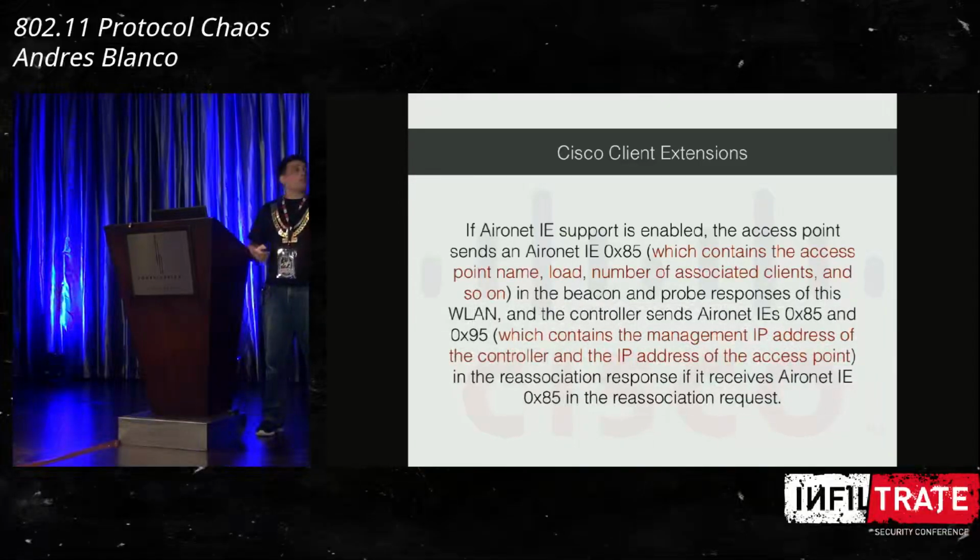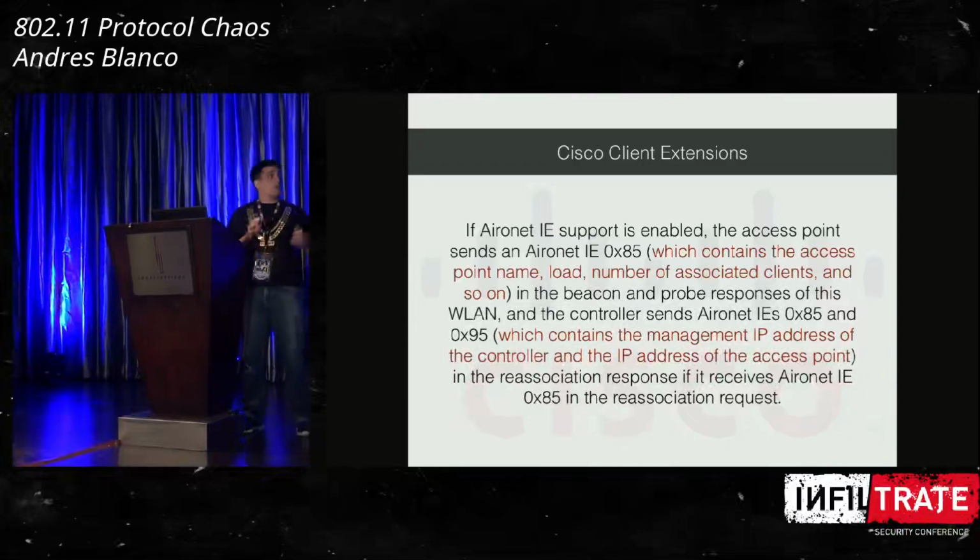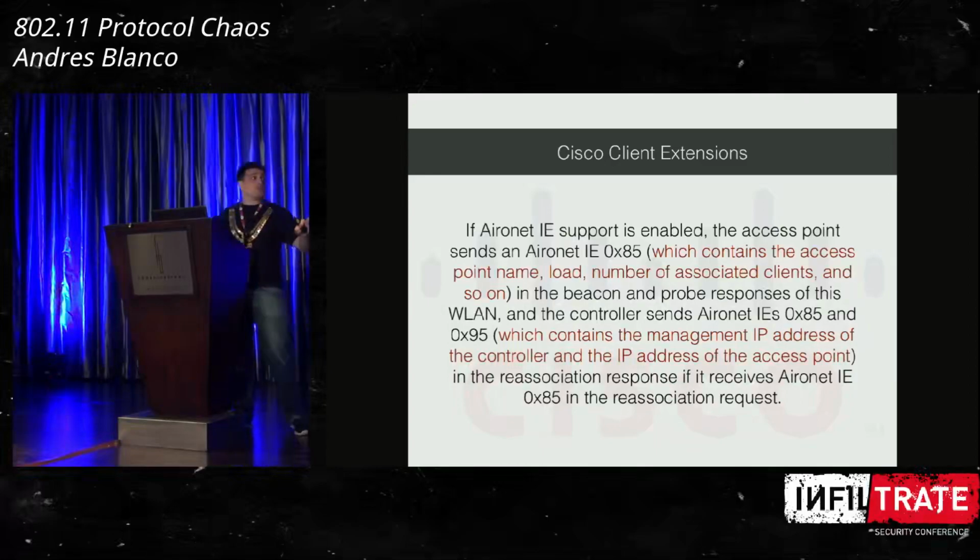This controller has support for CCX, that is this protocol, Cisco Client Extension, and this is part of the documentation. This is a feature of the protocol that says these access points are going to send some information elements on management frames with internal network information in plain. So this is a feature, remember, it's not a bug.